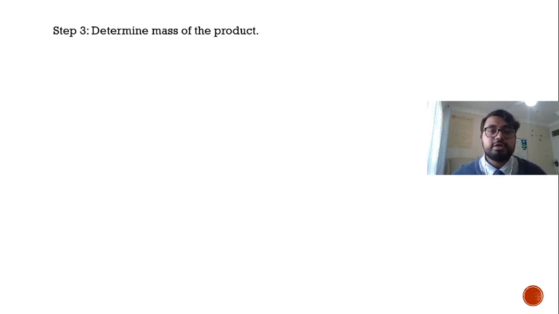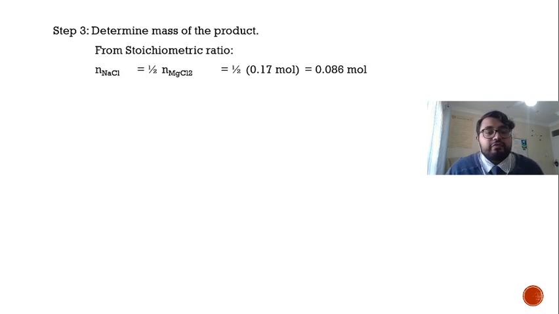To determine the mass, from our stoichiometric ratio, the number of moles of NaCl equals 2 times the number of moles of magnesium chloride, because 2 moles of sodium chloride react with 1 mole of magnesium hydroxide to give us 1 mole of magnesium chloride.